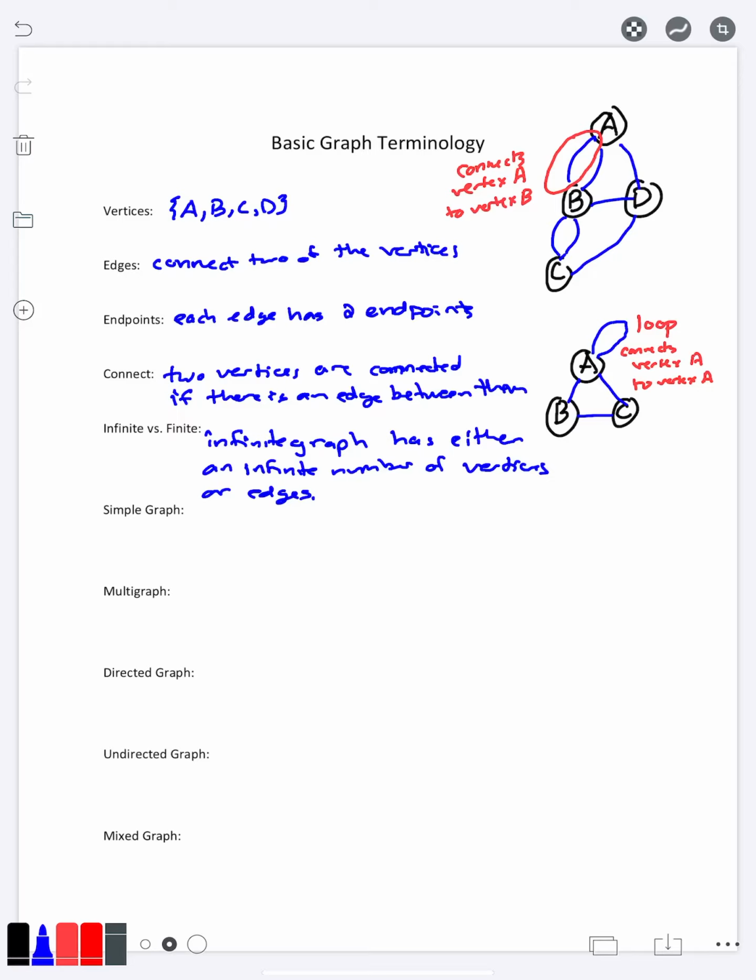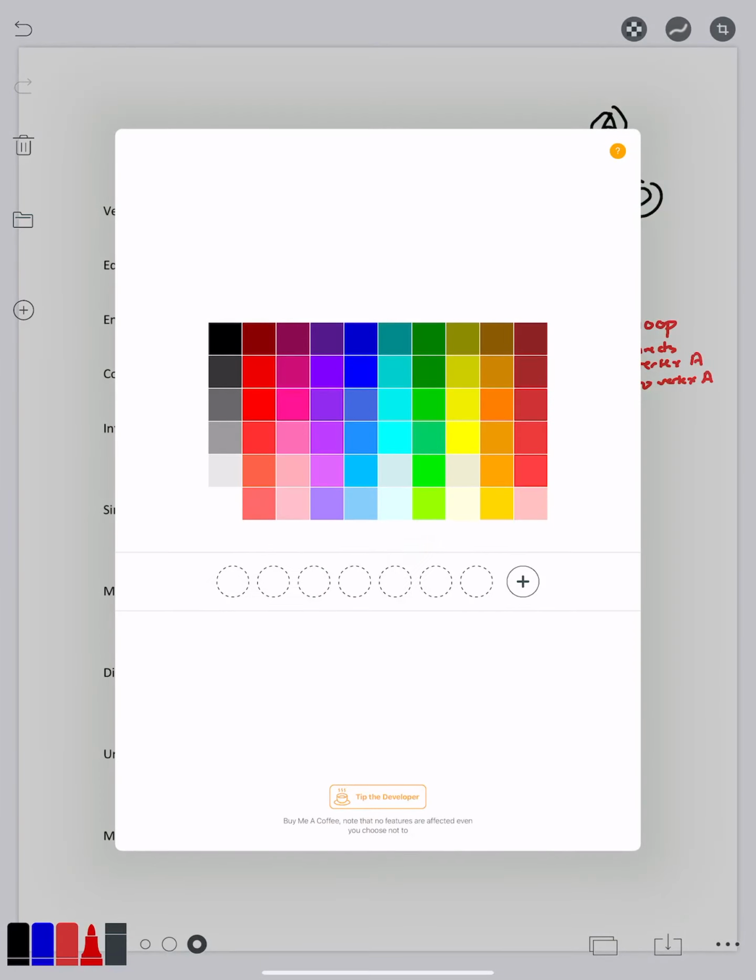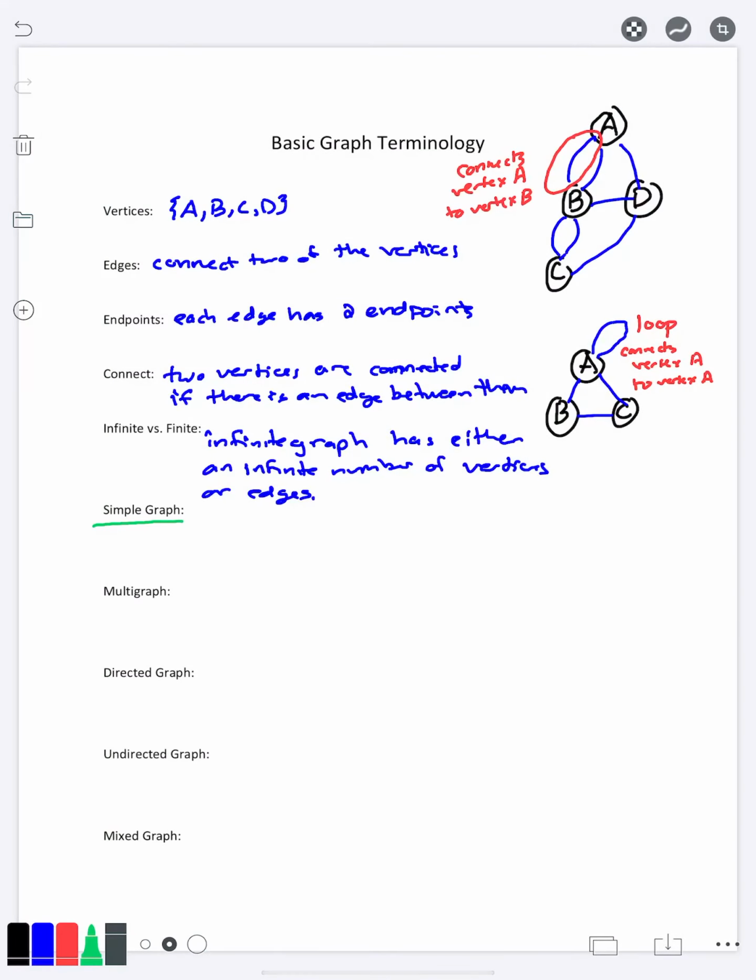Now, the next concept is actually going to be a particularly important one for us, so I'll color it here, and that is the idea of a simple graph. The reason it's important is that some things are going to be true about simple graphs and work nicely, and if it's not a simple graph, they won't work as nicely. So it's important to identify whether it's simple or not. The short way of saying this is that a simple graph is one that has no loops and no repeats.